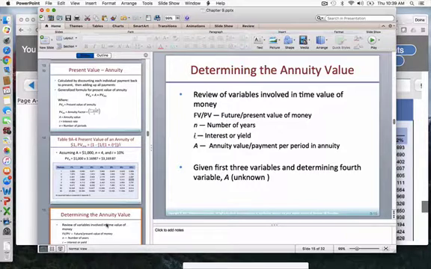Suppose by the time you retire, you want to end up with $1 million, and you know that you have to work around 40 years to retire. So n equals 40, you know your final goal, 1 million, and let's say we use a compounded interest rate. We don't know, of course, how much it is going to be, but we are going to use an average interest rate, let's say 4% per year.